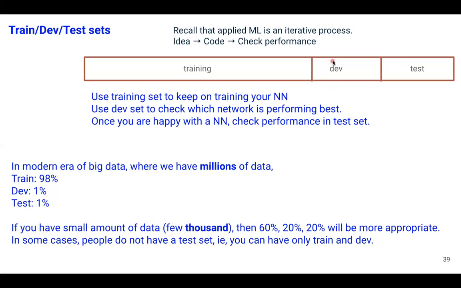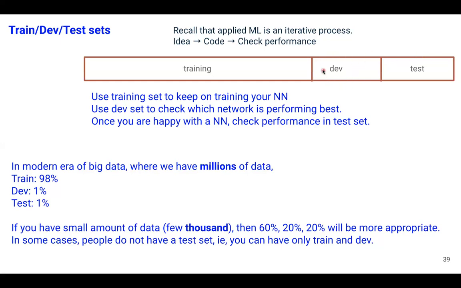Moreover, the question to ask here is, do we really need such a huge amount of data for dev and test? Because the only thing that the dev and test set will do is to quickly tell you whether your network is generalizing well to new examples or not. For that, generally a few thousand examples is fine.